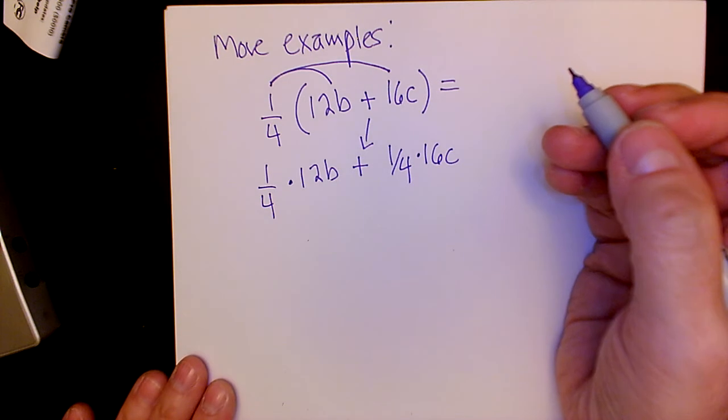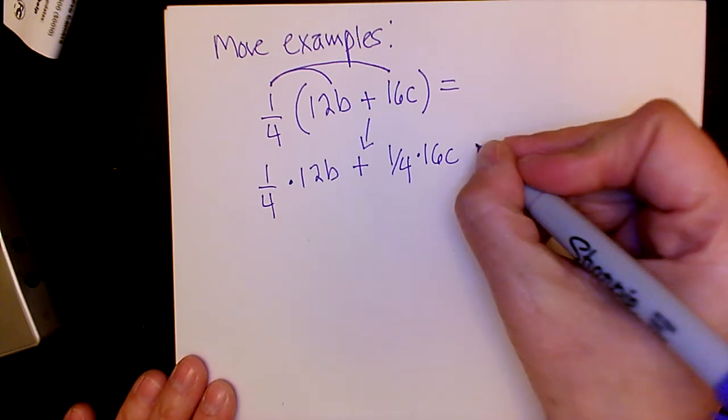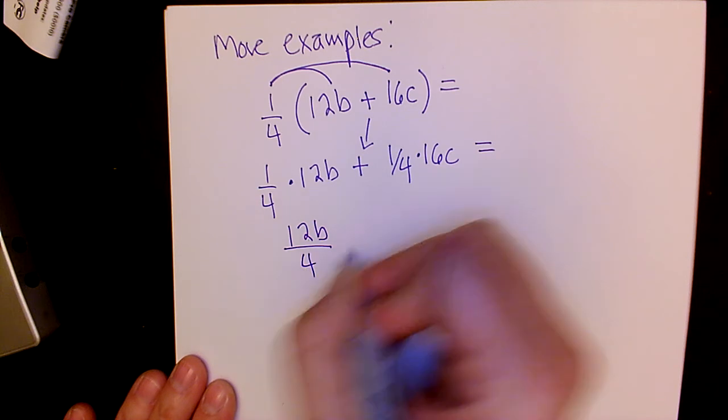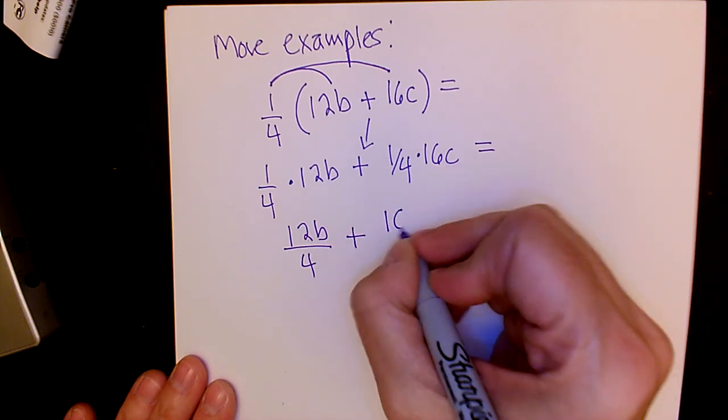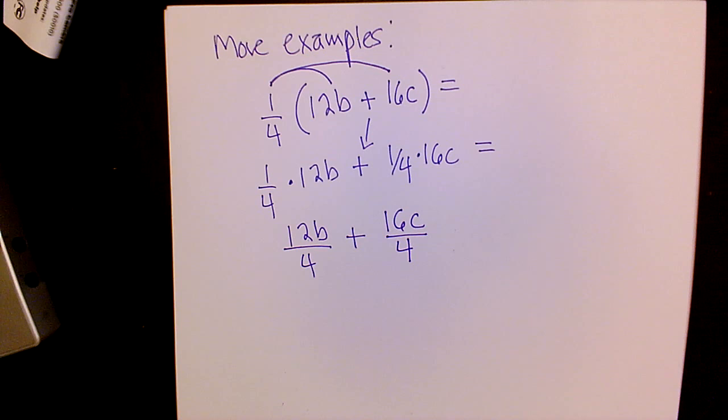Okay. Now we're going to bring the 4 up underneath the 12b and bring the 4 up underneath the 16c, if that's easier for you. So let's simplify and get an answer.